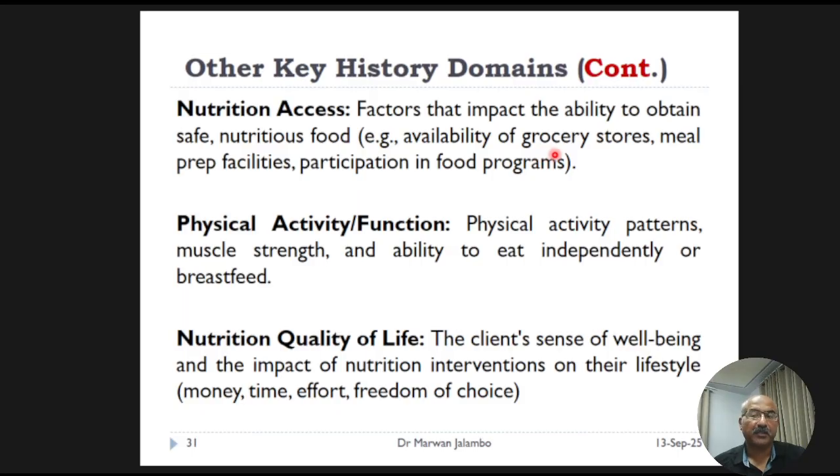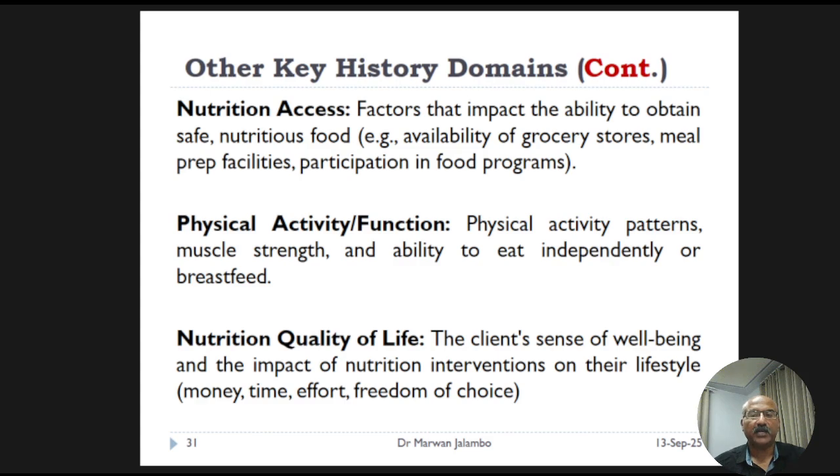We ask about things like access to grocery stores, the availability of meal preparation facilities, and their participation in food assistance programs. You can have the best diet plan in the world, but it's useless if the client can't access the food.